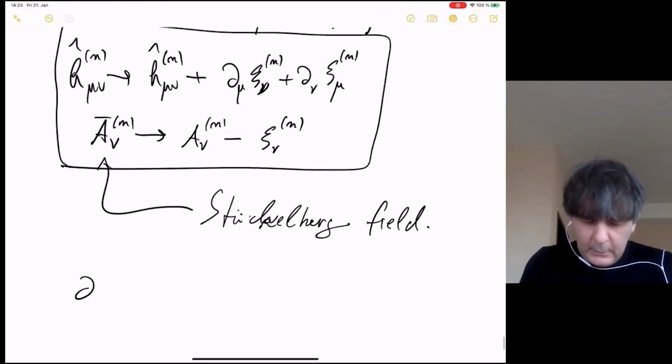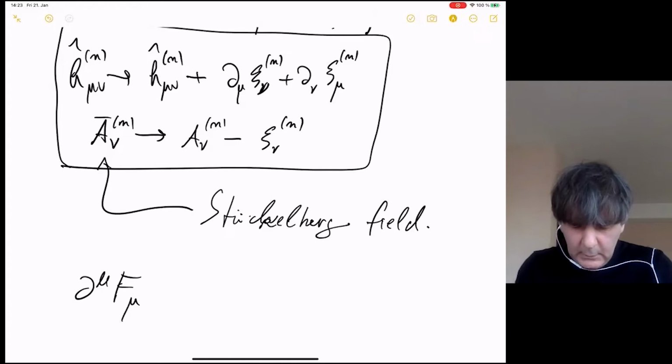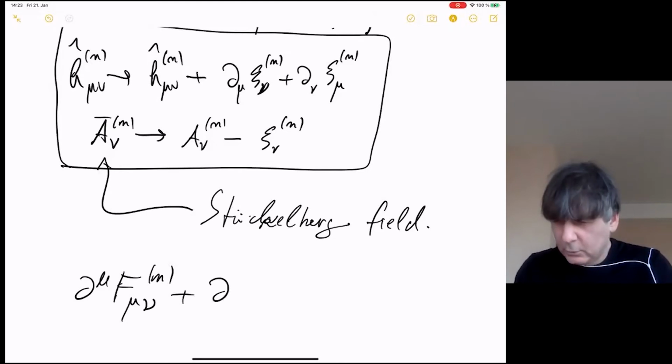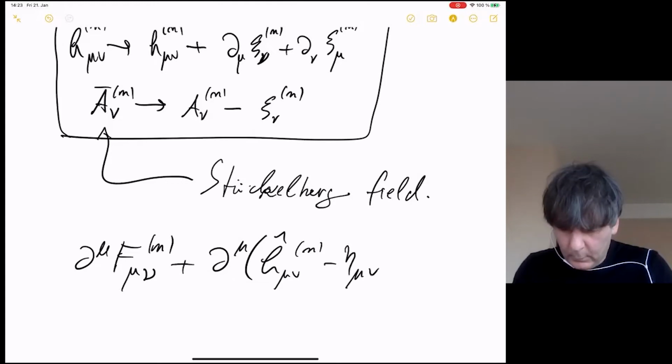Then there is another equation, with one index. This equation looks like a Maxwell equation, which is not surprising, because remember we had the vector floating around. And it has this form, h.